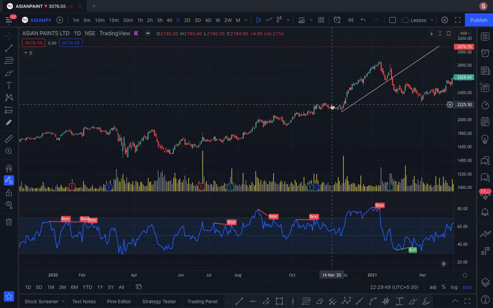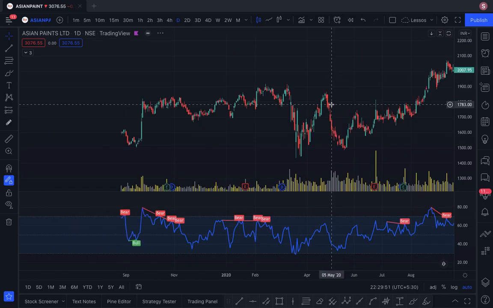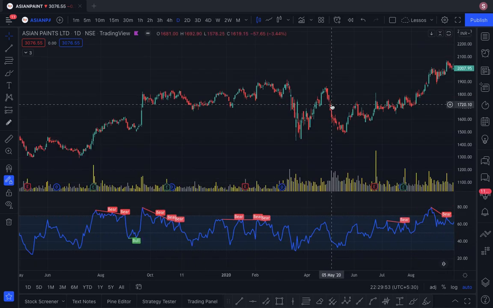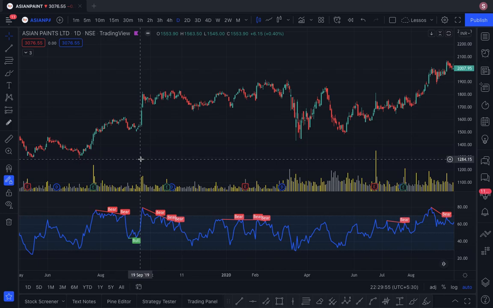So put options you can buy, but I would not suggest you go for put options. Always go for cash, because if the stock is sideways and you purchased an option, the theta will always decay.